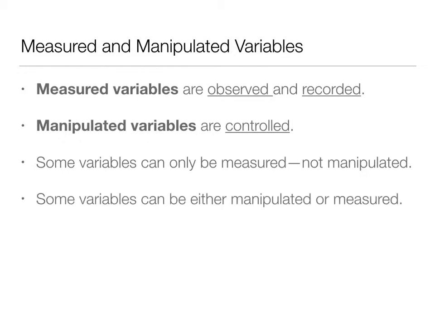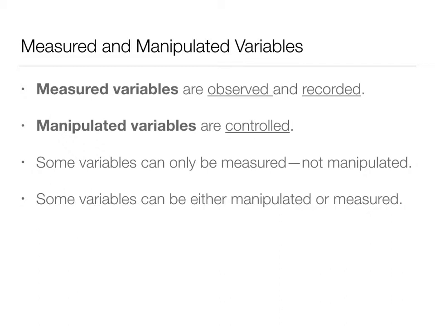Some variables can either be measured or manipulated. There's things that you can manipulate, and then there's things that can be measured too. So if we were looking at, and we will do a really bad experiment later about thirst, you can just measure thirst. We can see how thirsty you are and just measure that. But we could also manipulate your thirst. We could make you thirstier by giving you something really salty, or we could make you less thirsty by giving you something to drink.